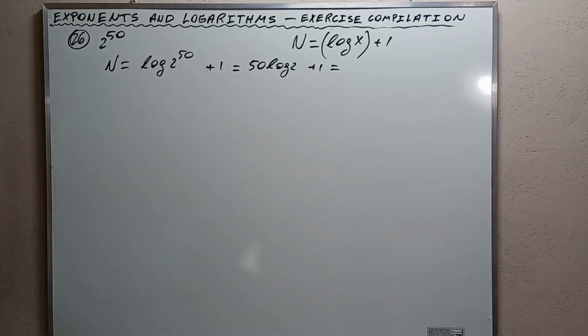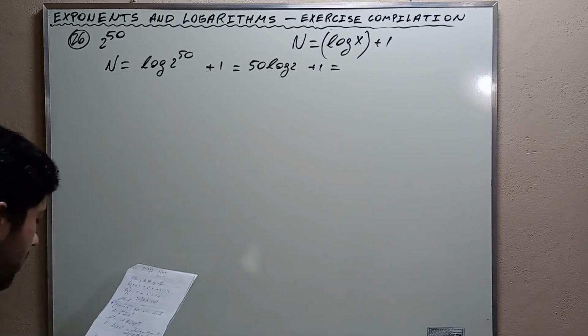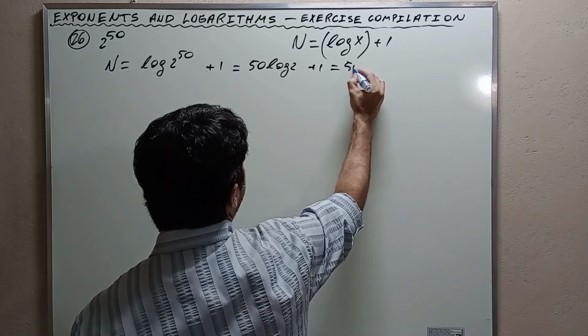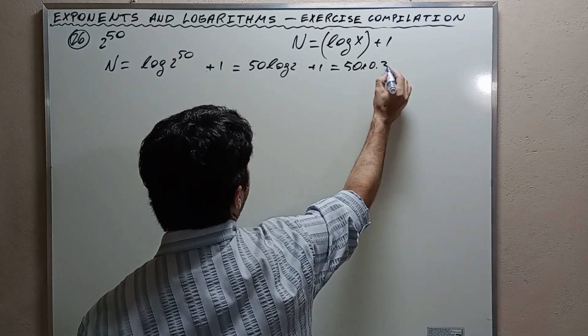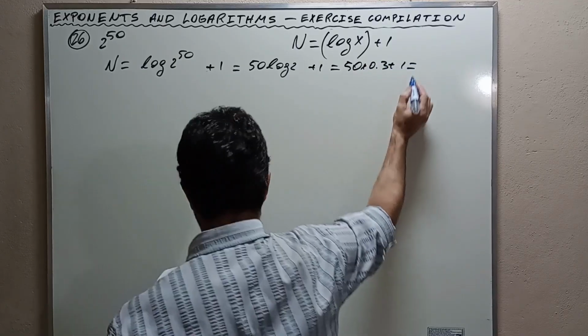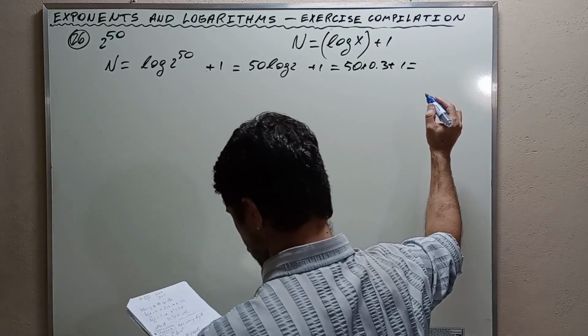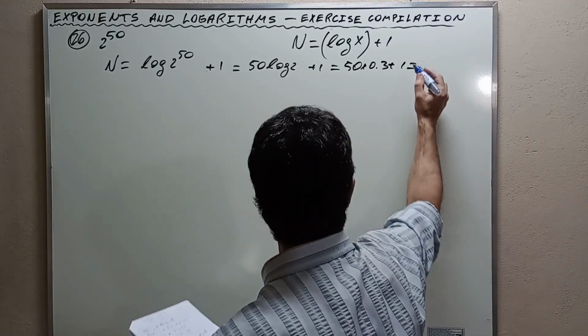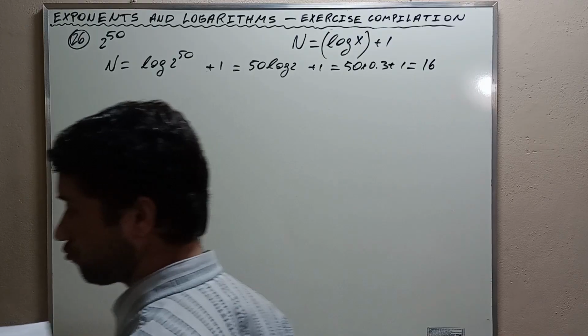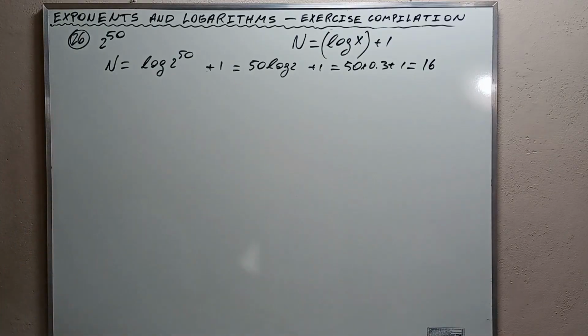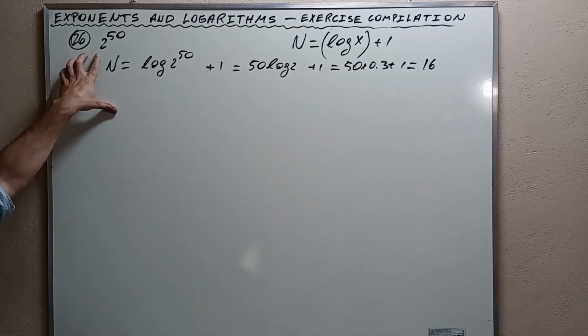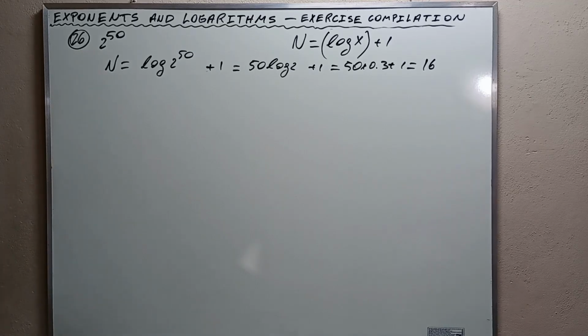And the logarithm of 2 we can approximate to 0.3. 50 times 0.3 plus 1, and this is equal to 16. Okay? This number here has 16 digits. Okay, my friends? And this is all for exercise 26.